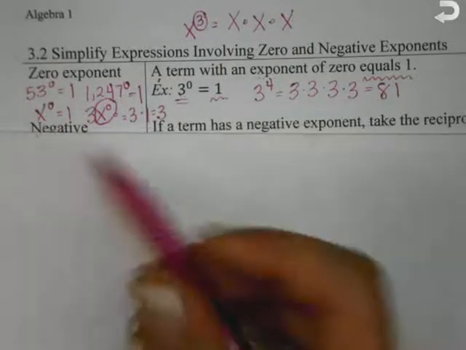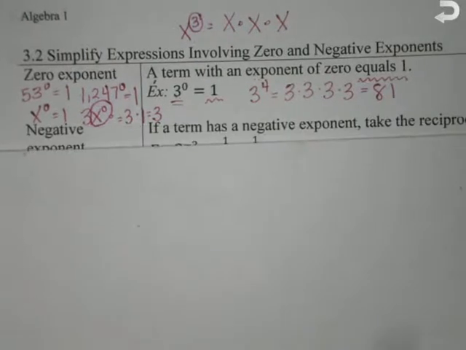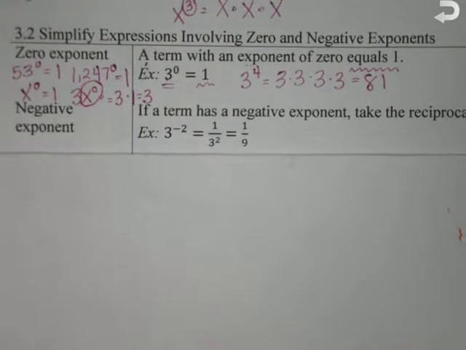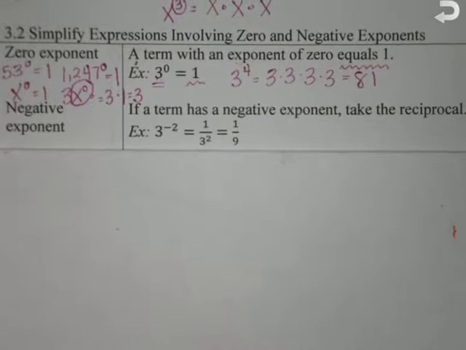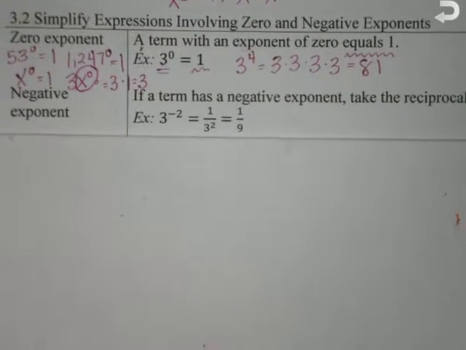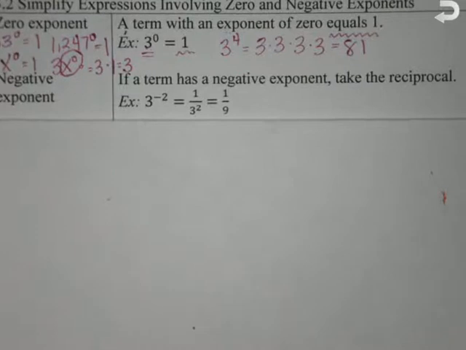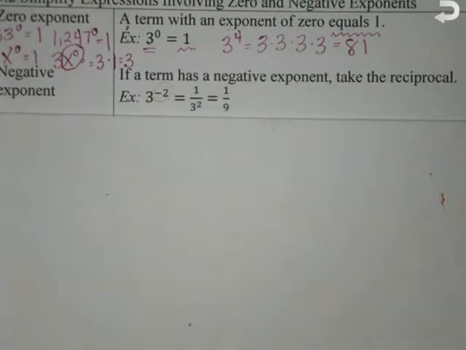We also have what is called a negative exponent. If a term has a negative exponent, we take the reciprocal of that term. I'll explain it in a little different language as soon as you write down the official definition. The way that I look at this, we're going to do some examples, but the negative exponent is like a red flag saying this guy is in the wrong place.